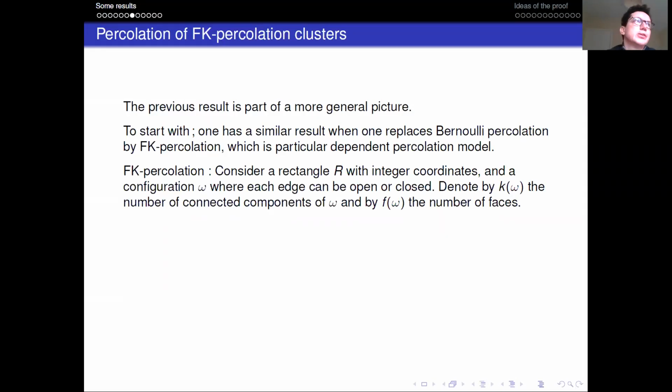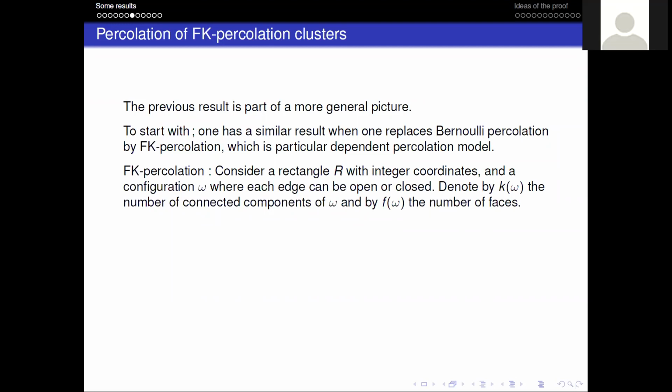And FK percolation, as probably most of you know, is one particularly nice variation of Bernoulli percolation, where now the edges are open and closed, but not independently from each other. So it's a dependent percolation model.